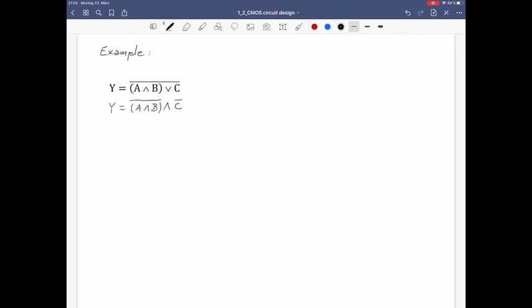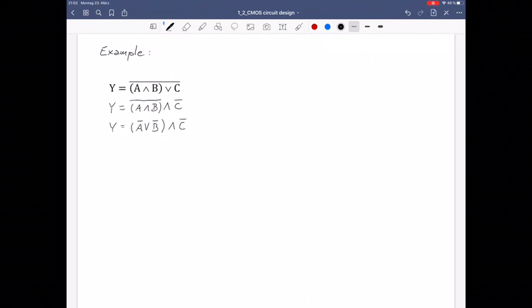If we look at this equation, we still have a problem, because here we also have an inversion bar over an expression A and B. So again, we have to apply De Morgan, which yields y equals, now I'm writing A bar, B bar, so I have to change the AND into an OR, and I'm leaving the rest of the equation.